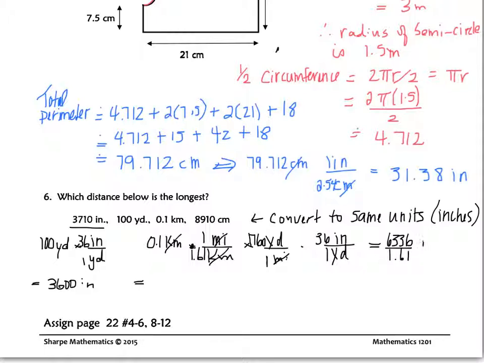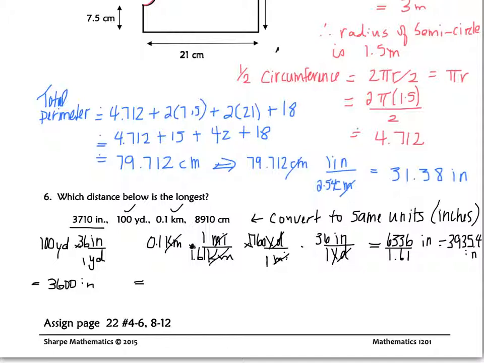And that would be in inches, because those yards would cancel. So this would be 6,336 divided by 1.61, which is 3,935.4 inches.